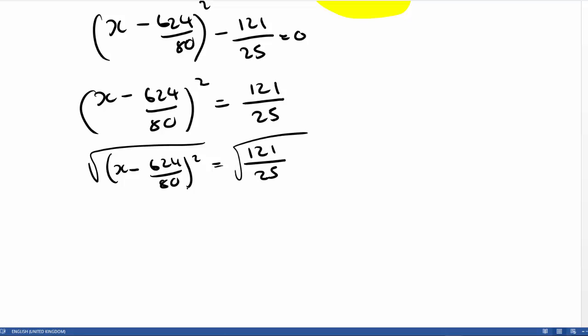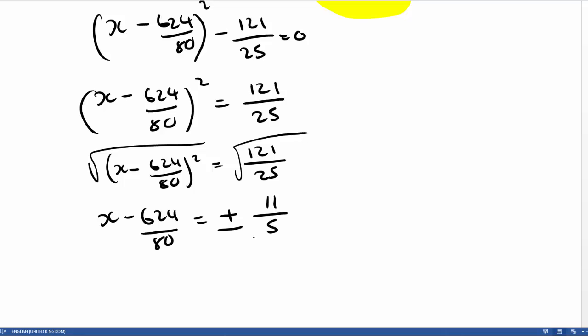Okay, so obviously the square root of this one here on the left-hand side is just going to give us x minus 624 over 80. The square sign has gone. We're going to have plus or minus, because remember now there's two solutions on the right-hand side. Okay, the square root of 121 is 11. The square root of 25 is 5.